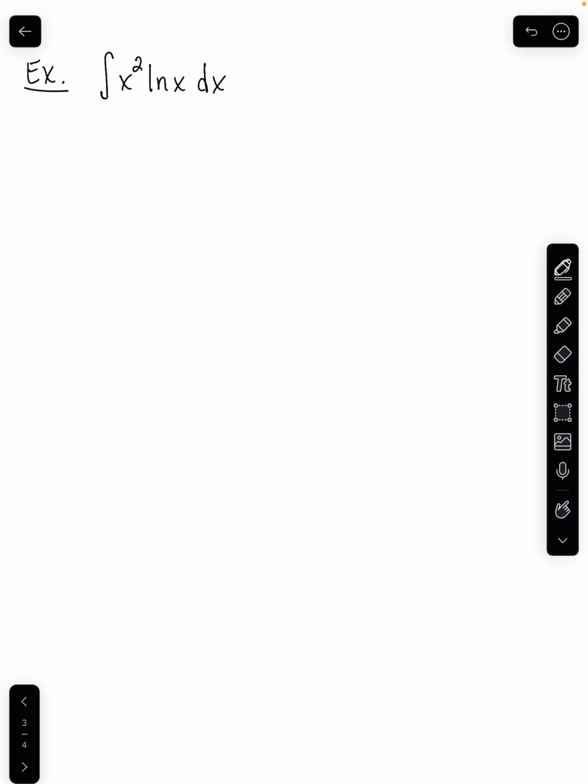But if we're going to differentiate x squared, if we're going to use u equals x squared, that means we would need to have dv equals the natural log of x. So I'm just going to set this up for a quick moment, and suppose we choose it like this, knowing that the derivative of x squared will be simpler than x squared. The trade-off is that now we would need to integrate the natural log of x.